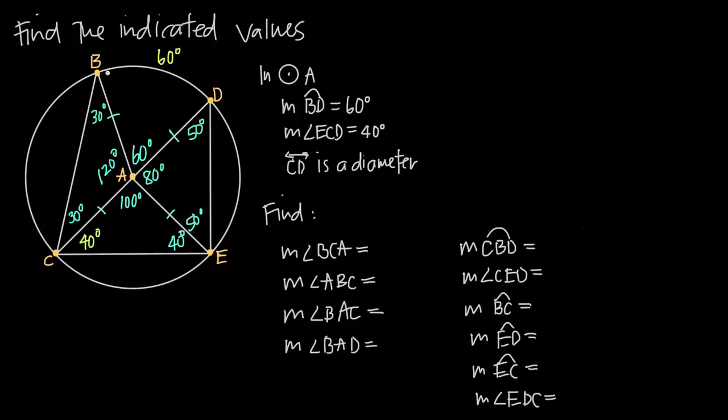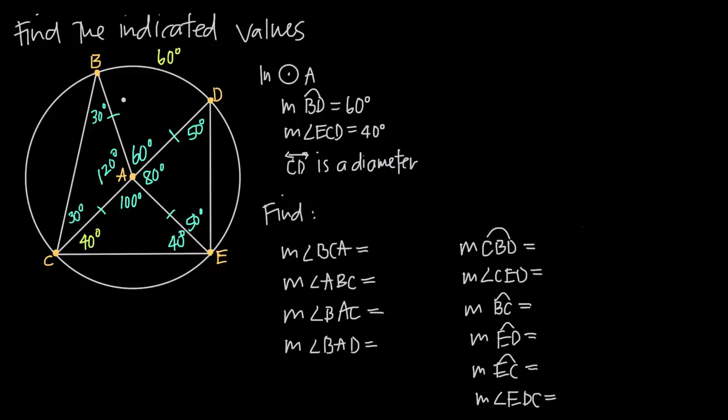Given that the degree measure of arc BD is 60 degrees, I can just divide that by 2, and I could have said right away that angle BCD was going to be 30 degrees. Similarly, if I had been told that this angle was 30 degrees, I would have been able to say right away that the degree measure of arc BD was going to be 60 degrees, because the degree measure of the arc is always going to be twice the degree measure of the inscribed angle.